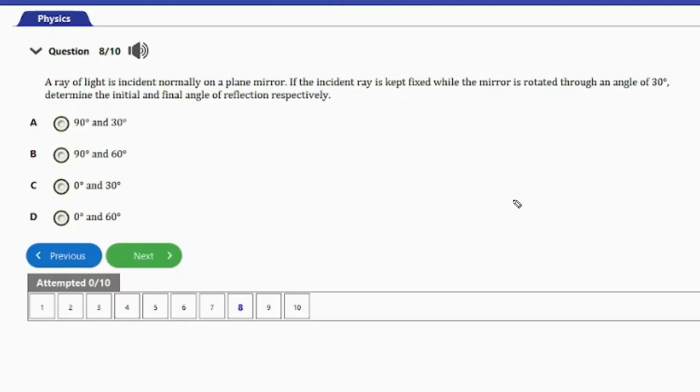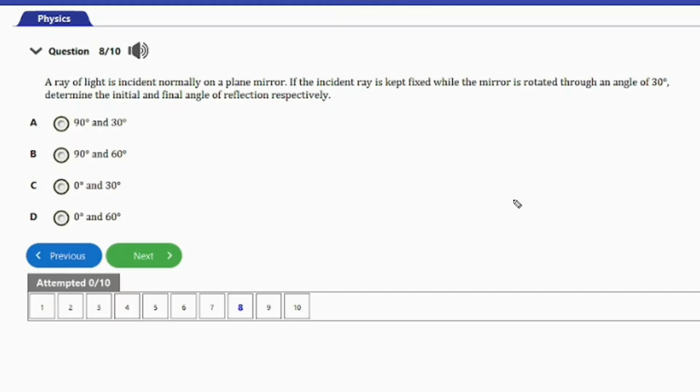So guys, the next question we have here is question number 8. It says, a ray of light is incident normally on a plane mirror. If the incident ray is kept fixed while the mirror is rotated through an angle of 30 degrees, determine the initial and final angle of reflection respectively.